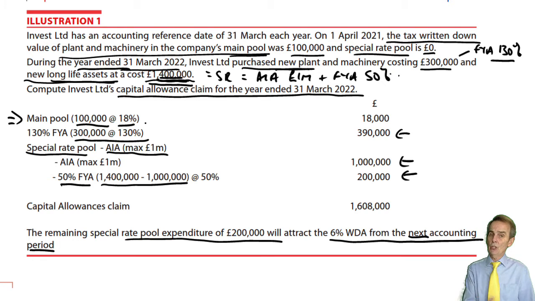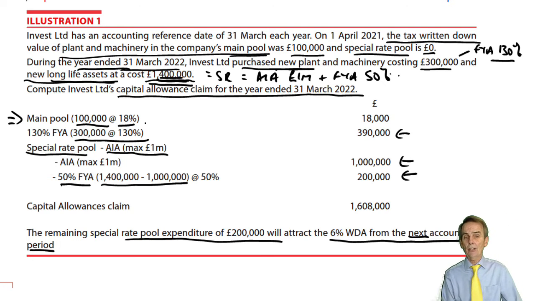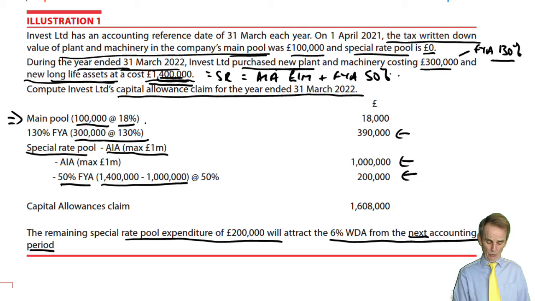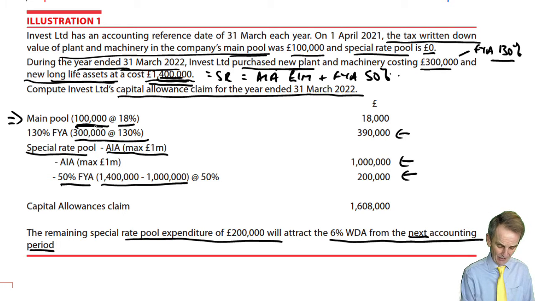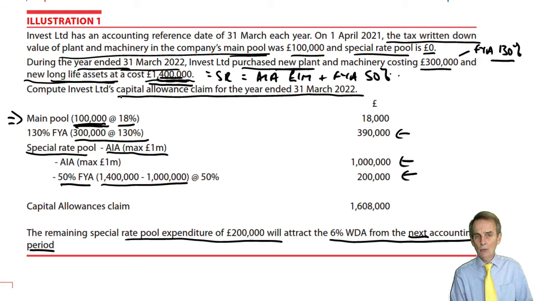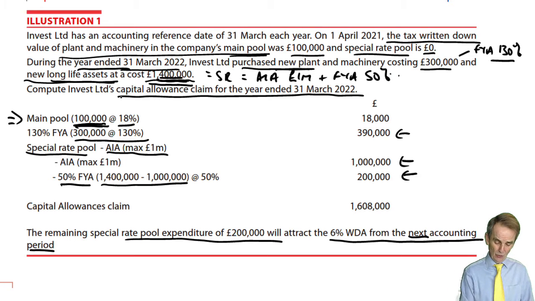If, of course, there were disposals, then those sales proceeds, to a maximum of original cost, would need to be deducted. So here, if we had disposals of normal plant and machinery that had been main pool expenditure, we take the sales proceeds to maximum original cost away from that before taking the 18%. There could, of course, be some additions as well.